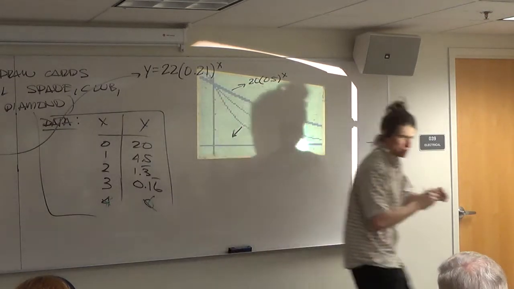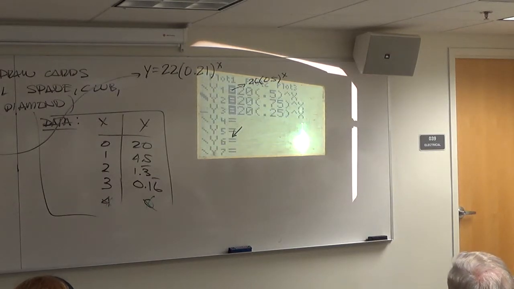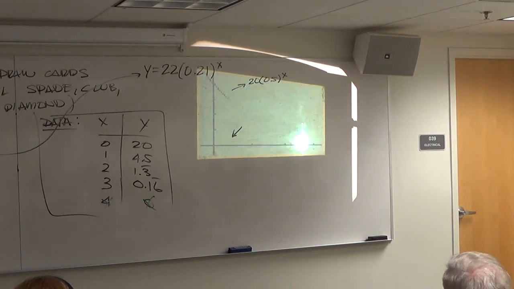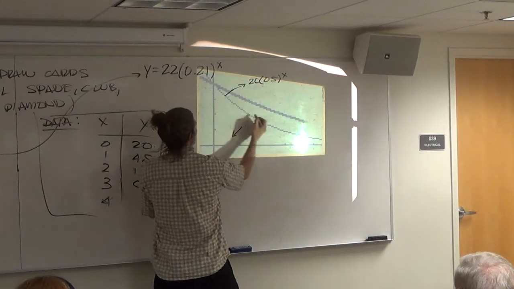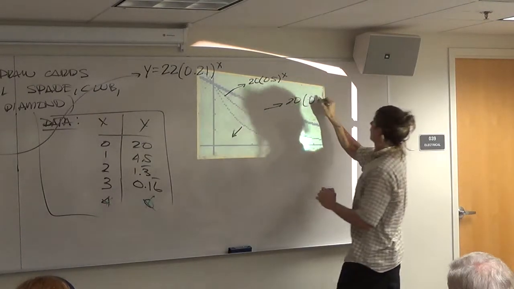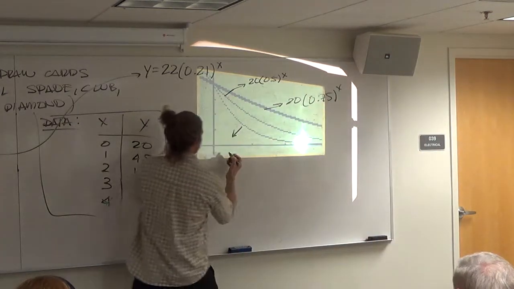And you know what? This one is hard to see. Hang on. Let me make it dotted. Let's see if this works better. 0.5, 0.75, and this is there. Yeah, that's a little better. It's kind of sucky anyway.